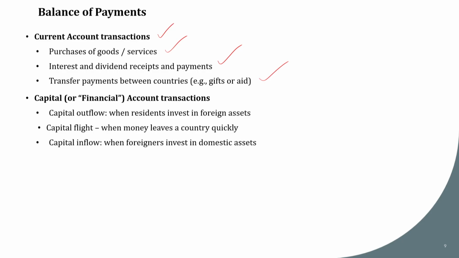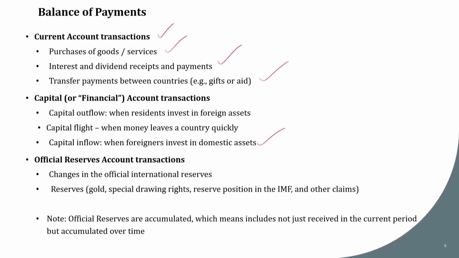The other component is the capital or financial account transactions. This mainly covers capital outflow when residents invest in foreign assets, capital flight when money leaves a country quickly, and capital inflow, that is when foreigners invest in domestic assets.